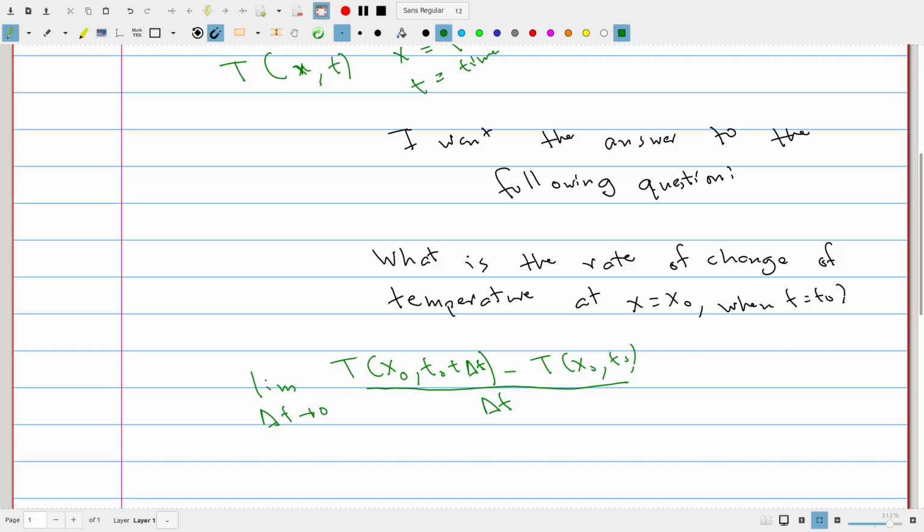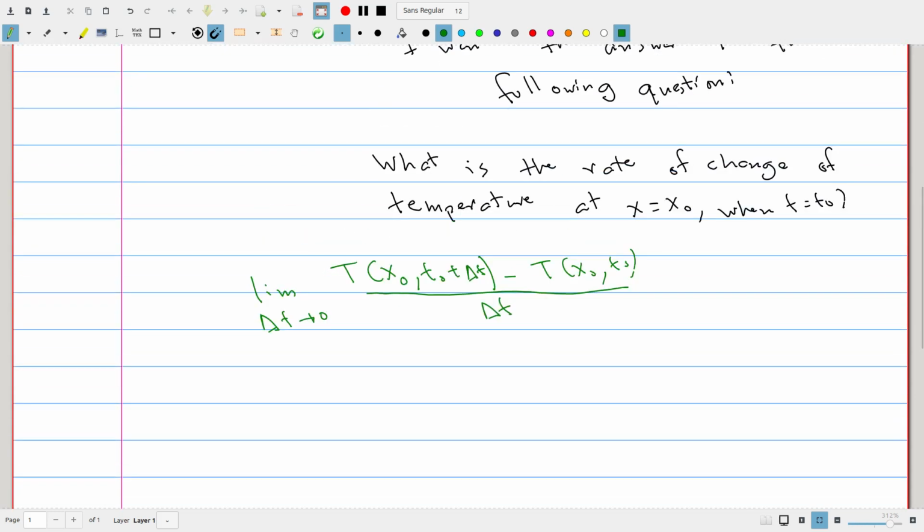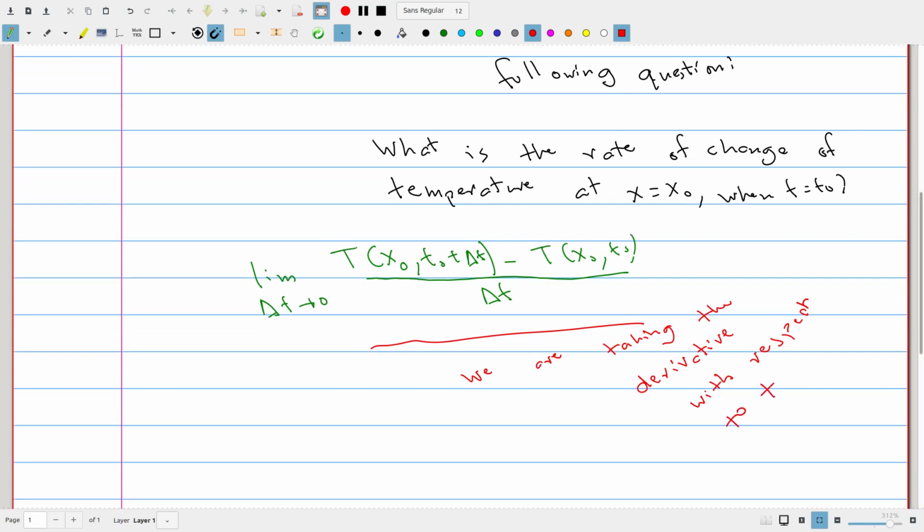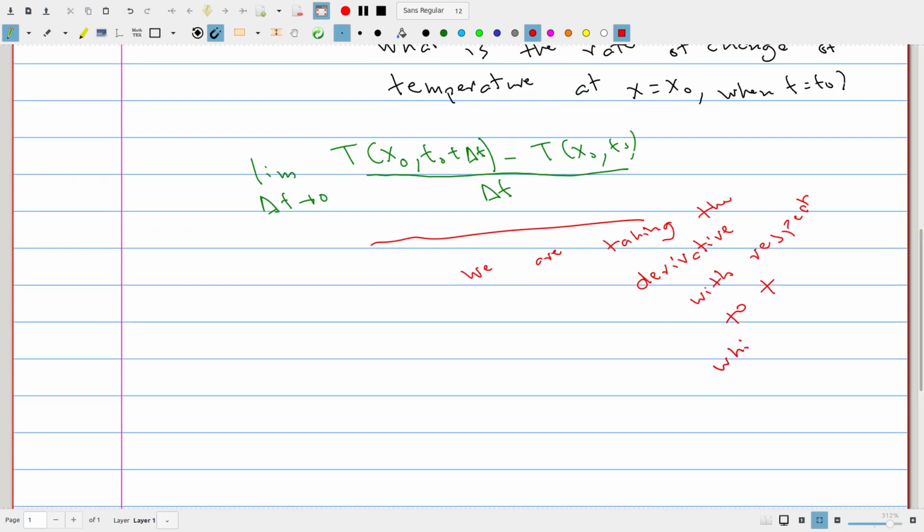Right, so this is like taking the derivative. What we're essentially doing here is taking the derivative with respect to t while keeping x constant.